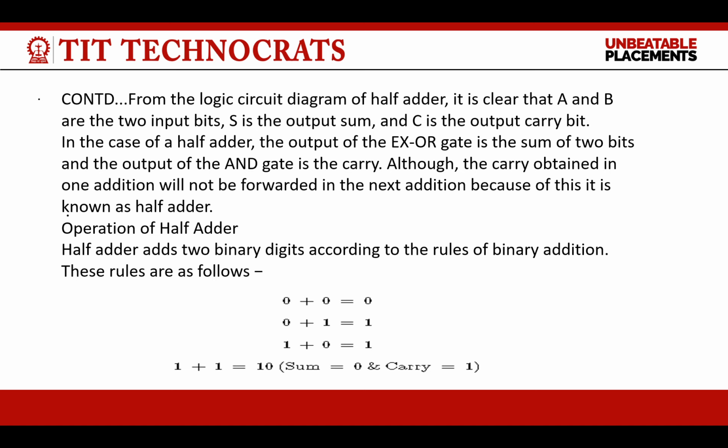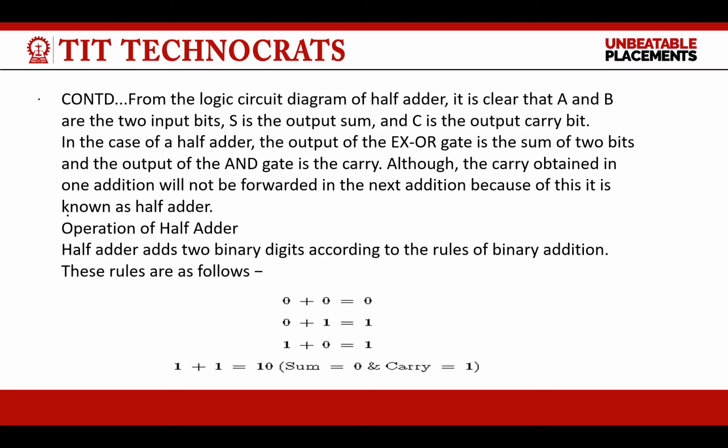The carry obtained in one addition will not be forwarded to the next addition. Because of this, it is known as a half adder. It means that in any case, a half adder circuit can add only two bits and not more than this.